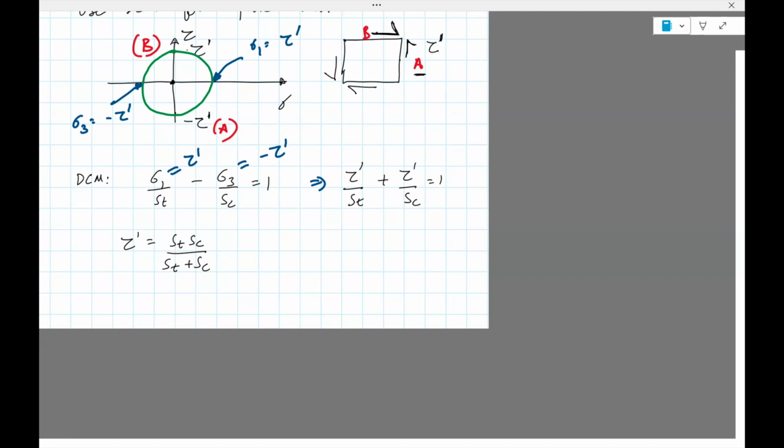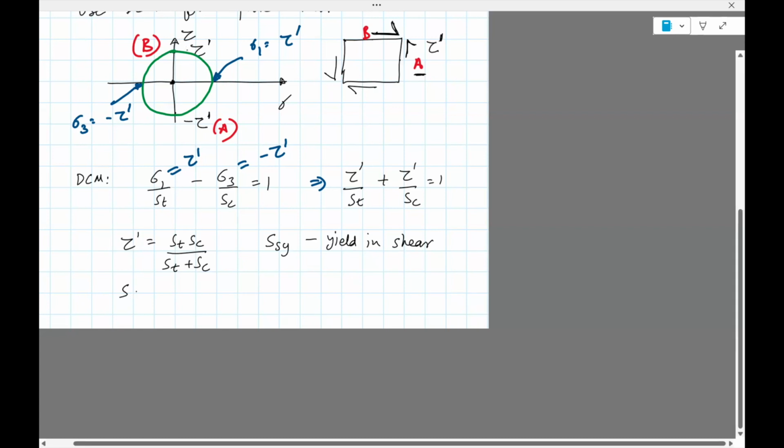Okay, so if you write SSY as the yield strength in shear, then SSY is ST SC divided by ST plus SC.